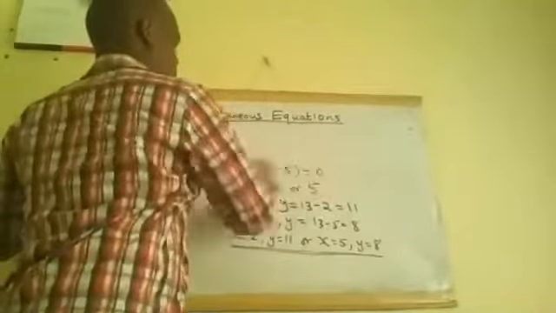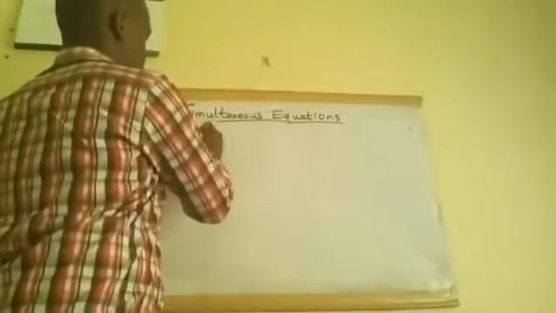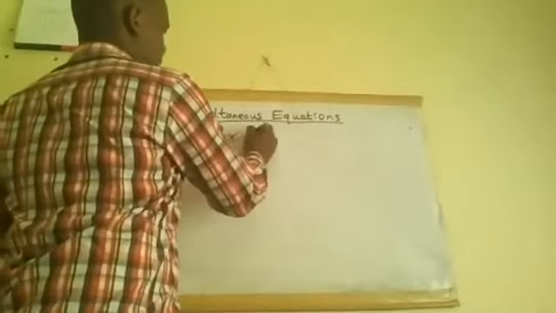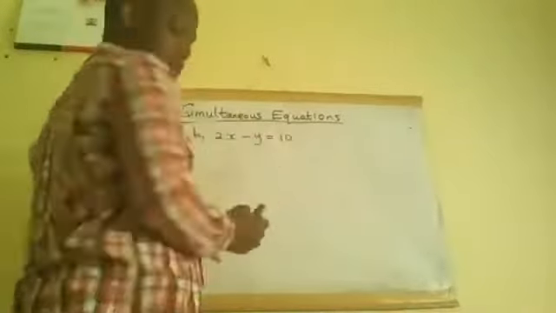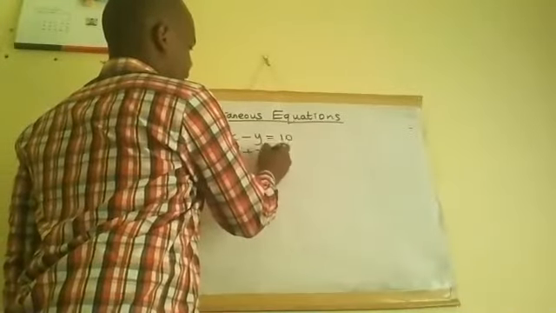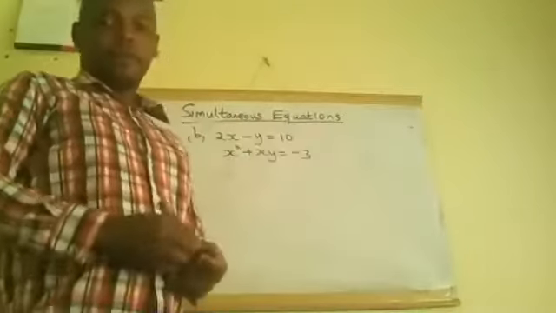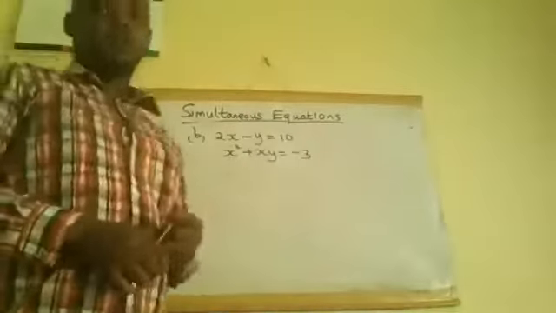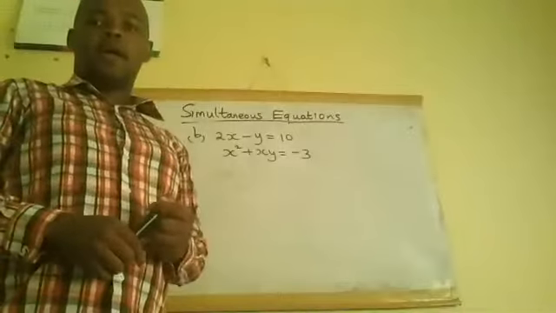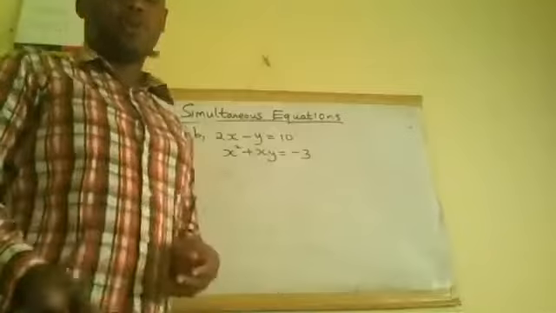The last one, we can be given 2x minus y is equal to 10, and x squared plus xy is equal to 3.